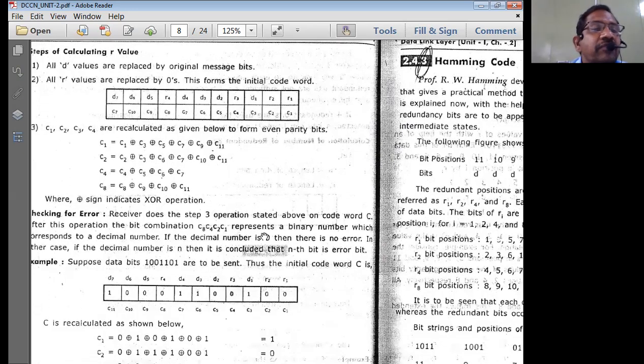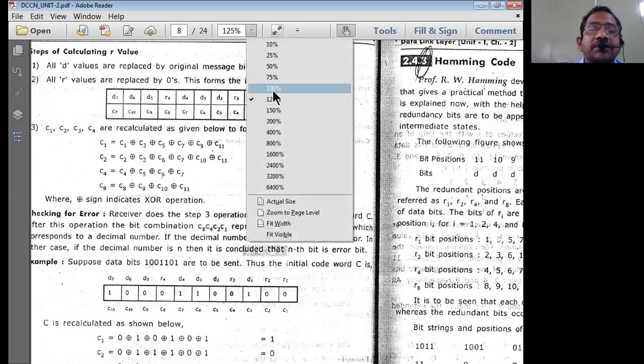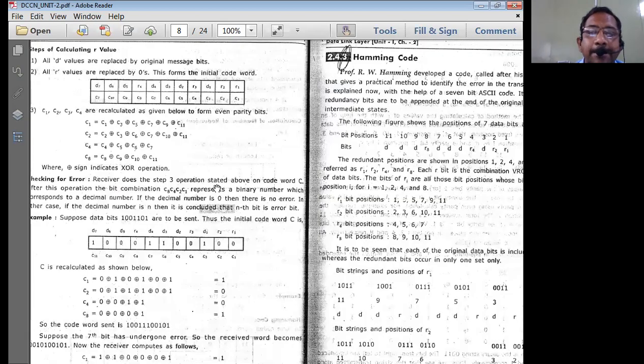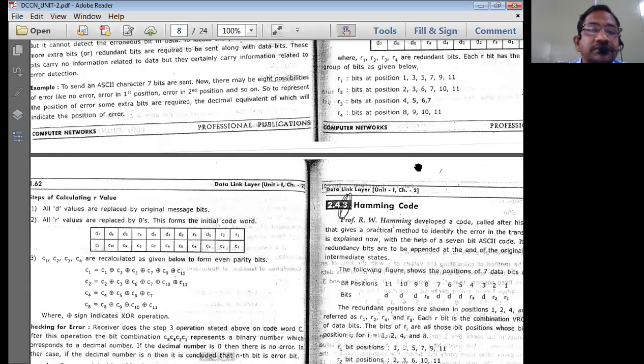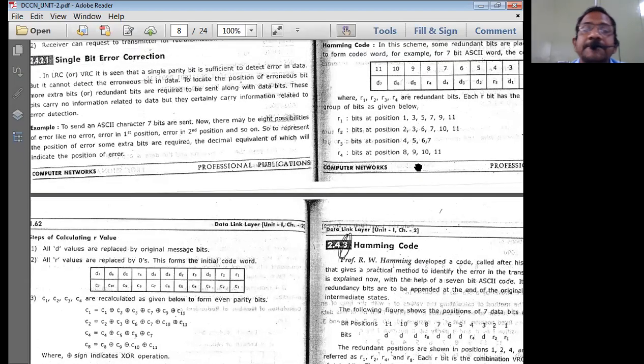Next, you have to calculate C1, C2, C3 and C4, recalculated as given below to form the even parity bits. Now to form this even parity bit, what is the logic we are going to use? The same logic we just discussed. See here, instead of R1 bit position, I have written the error correction code C1.